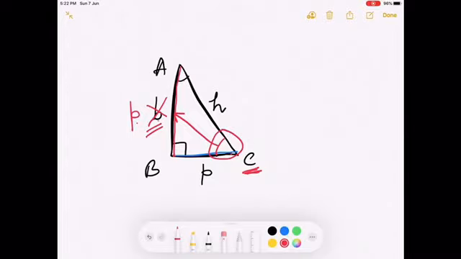Same way here for the angle C, the side which is making up the angle C is made up basically by two sides. One of the sides which is making up the angle C is side AC, and the other side is side BC.